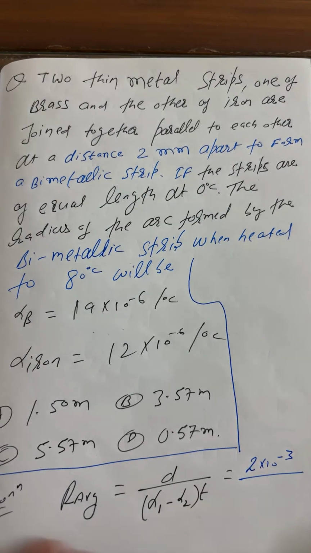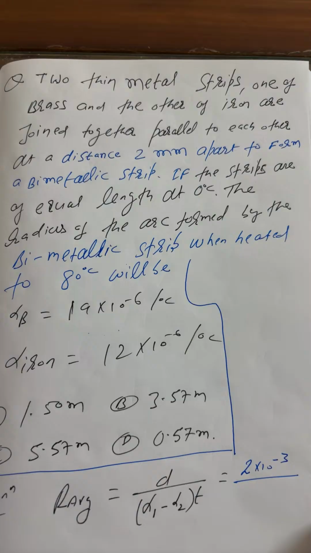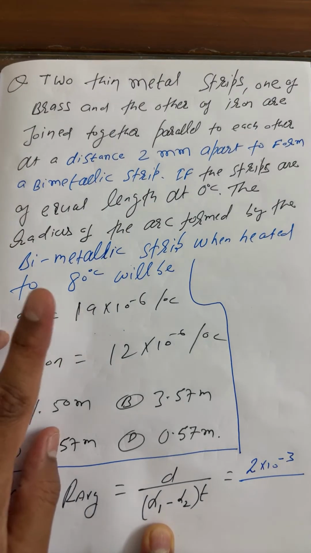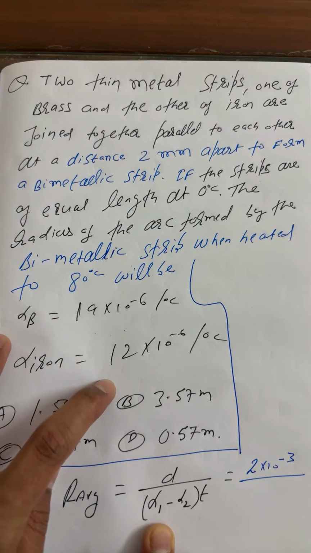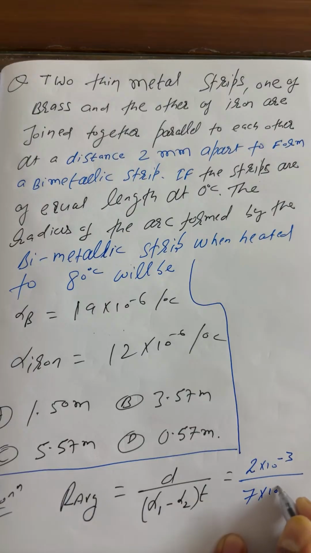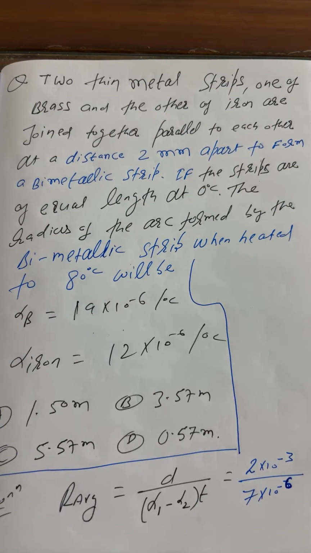Alpha 1 minus alpha 2 is 19 minus 12, which is 7, so 7 into 10 to the power minus 6.